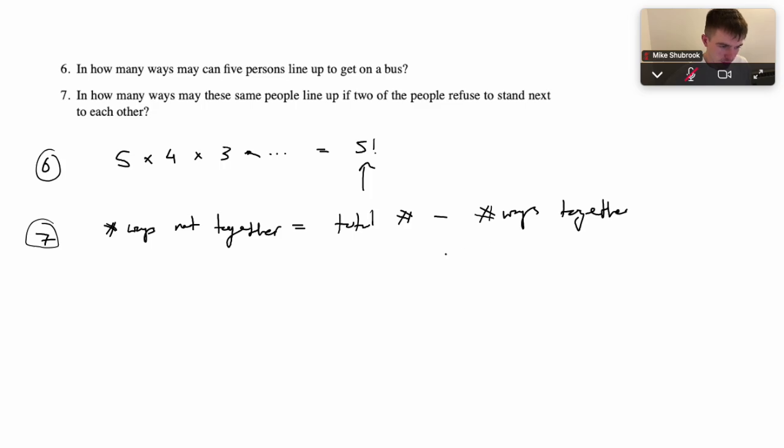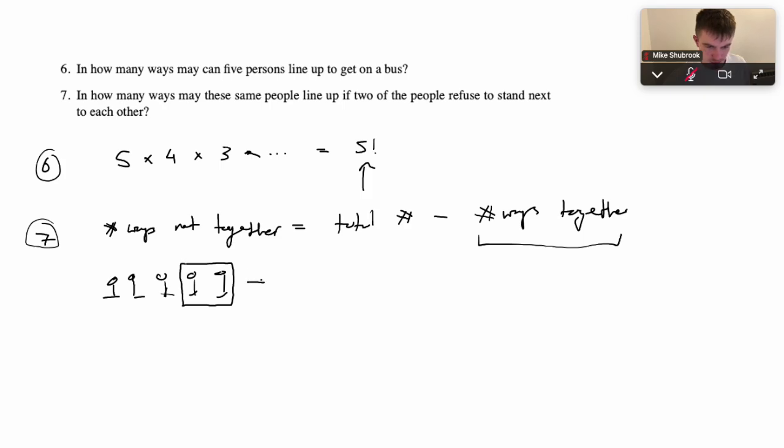And it's much easier to calculate the number of ways that they are stood together, because what we can do is, if we picture our 5 people like so, we can now just pretend that these 2 people who need to be stood together all the time act as one person. So now we just have 4 people stood in a line. And the answer is, how many times can these 4 people be rearranged? And the answer is 4 factorial.